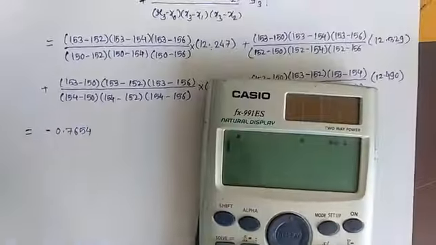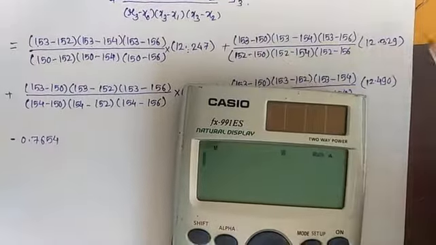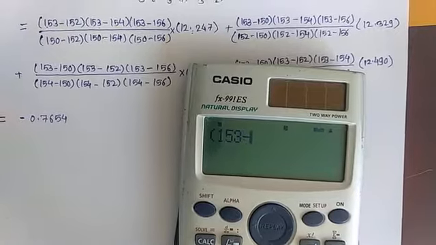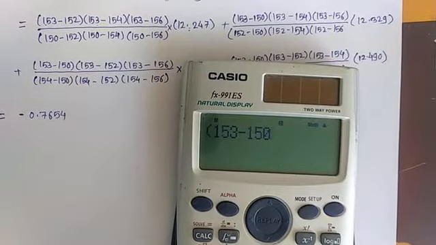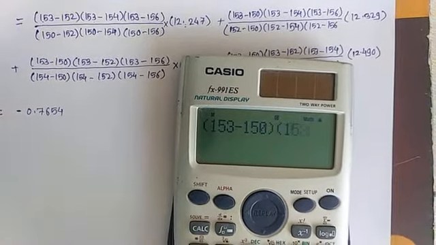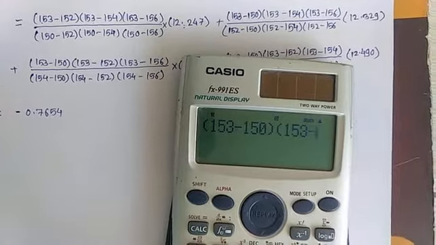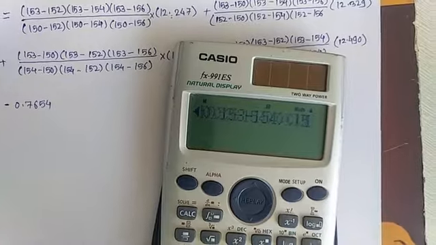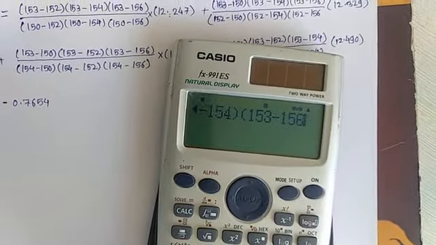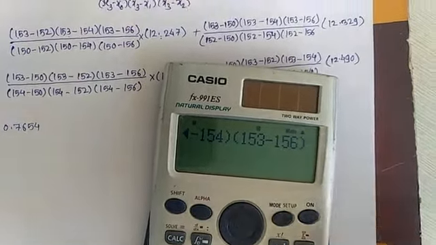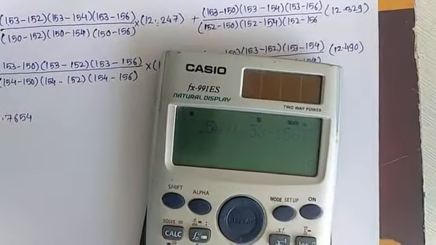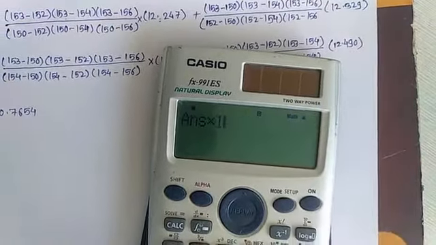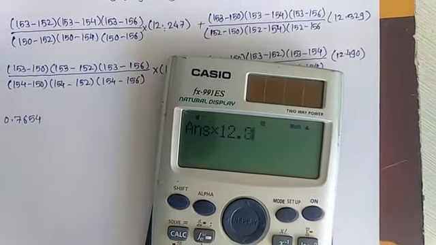Now we have to make the calculation of the second part. Similarly, we find 153 minus 150 multiplied by 153 minus 154 multiplied by 153 minus 156. Our numerator is over, which is equal to 9, and multiplied by 12.329.